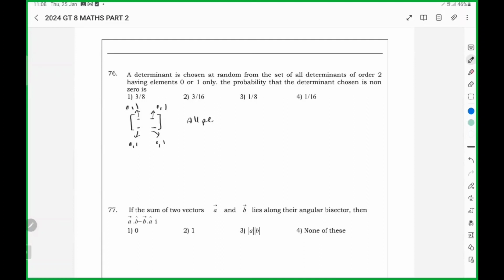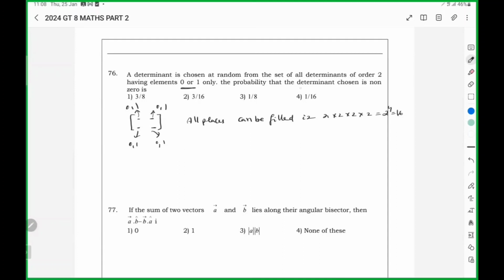Simultaneously, all places can be filled in 2 into 2 into 2, that is 16 ways. That means there are 16 matrices possible whose entries are 0, 1.